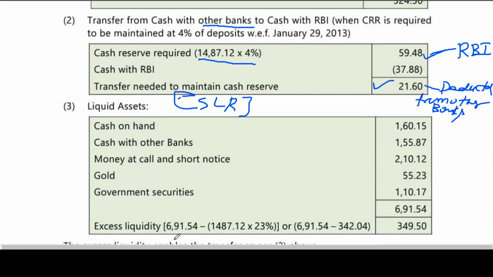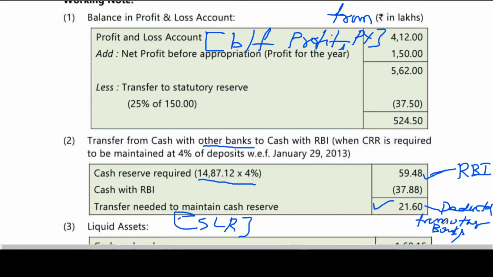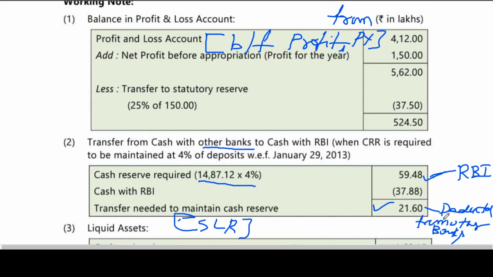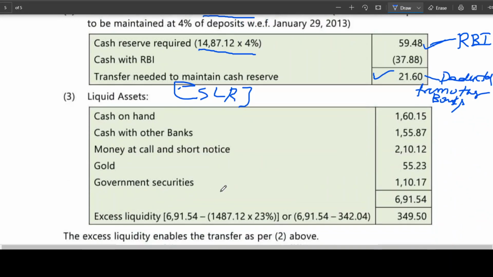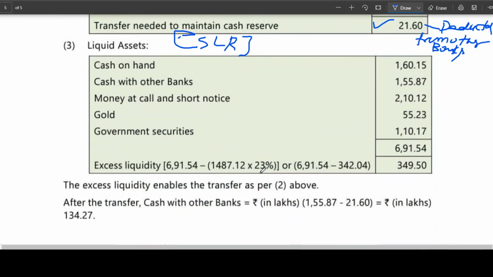Now 691.54 minus 1487.12 into 23%. From where did you get that amount? Here you got it. 23% you should calculate on 1487.12, that is on deposits. 23% is as per the problem, my dear friends.